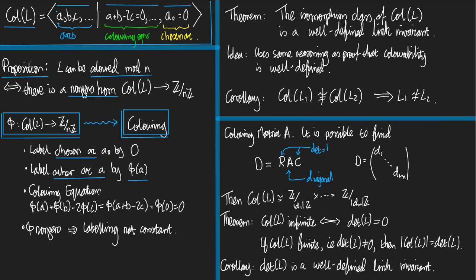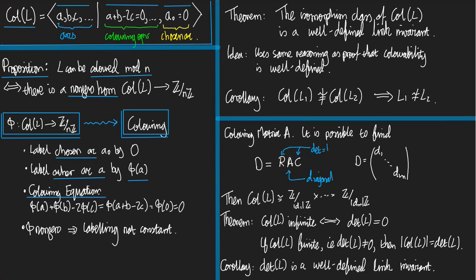Each arc defines an element of the colouring group, so I can take that element of the colouring group and apply phi to it. So this phi A is an integer mod n, which I just think of as, I choose any integer representing that integer mod n, and that's what I label my other arcs, my non-chosen arcs, with. So I've labelled all the arcs of my diagram by an integer, and I need to check the colouring equation.